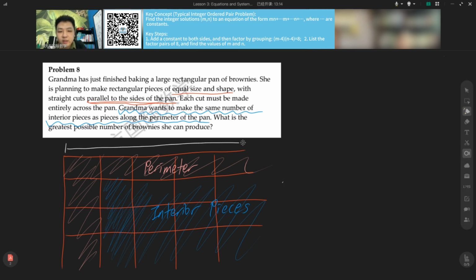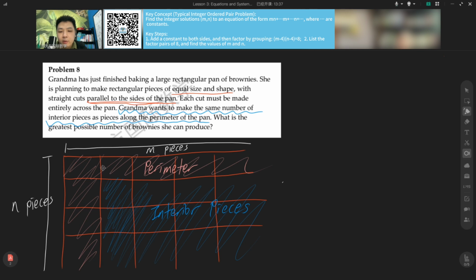You can have right here as m pieces, and right here as n pieces. And now, to find the perimeter, there are a few ways you can look at this.